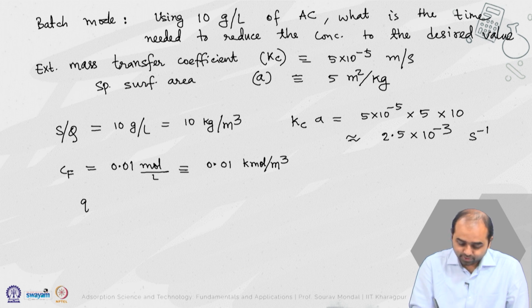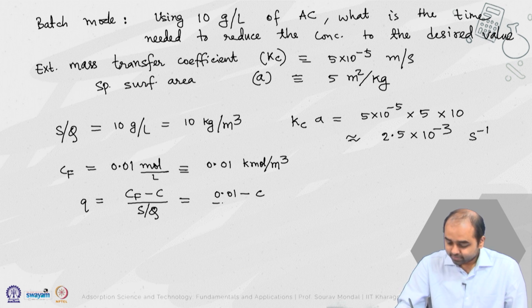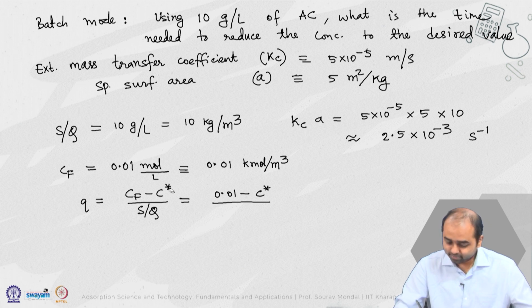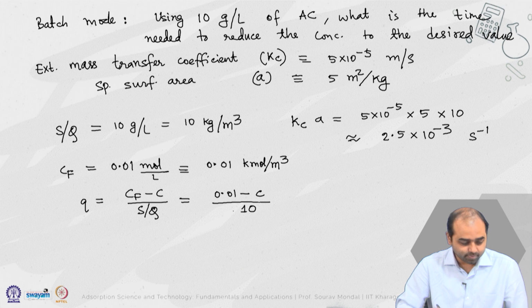The value of Q from the mass balance one can obtain as (0.01 minus C) divided by 10, which is the value of S by Q. Sorry, this is C, I was slightly wrong here.